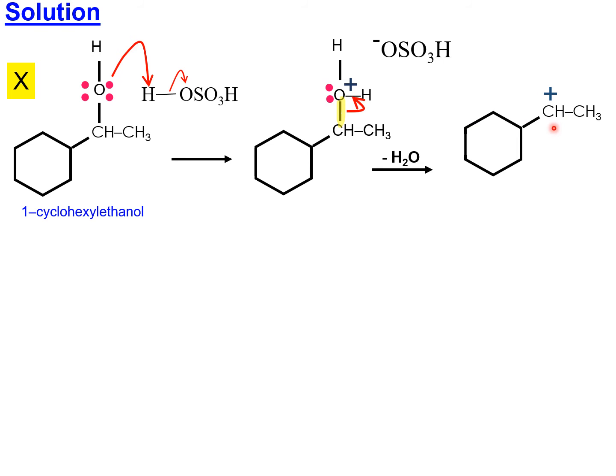This is actually a secondary carbocation ion, but it has a chance to become a tertiary carbocation ion, which is the more stable carbocation ion. So how can you know that? You have to look at this carbocation ion, which is the secondary carbocation ion. You look at what class of carbon it neighbours.